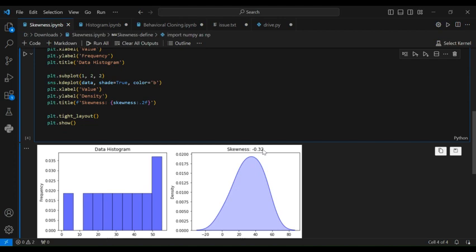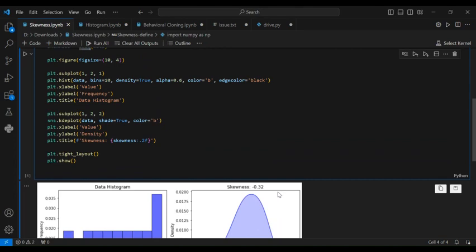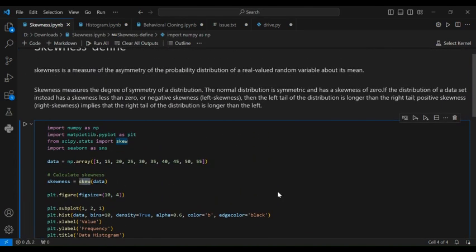I hope you remember, if it lies between minus 0.5 and plus 0.5, then it's almost symmetric. So even though it looks slightly right skewed, it's almost symmetric. This is how we have done this part.